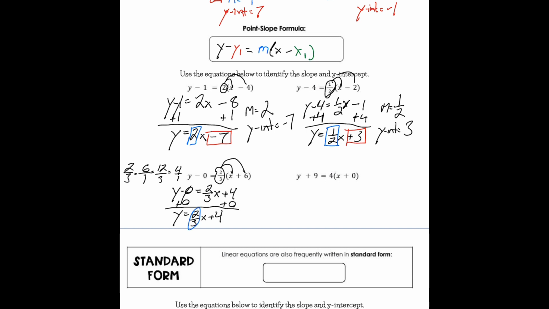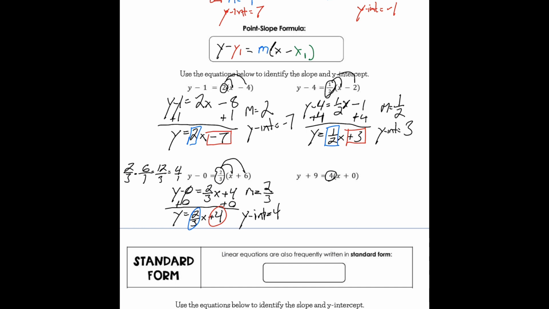My slope is 2 over 3. My y-intercept is 4. We're going to call our slope m equals 2 over 3. Our y-intercept equals 4.